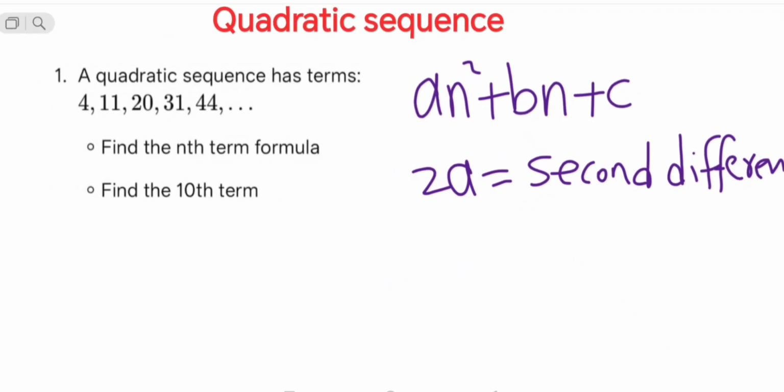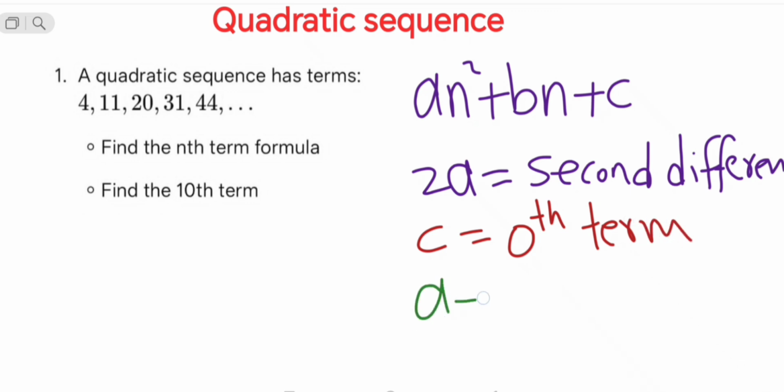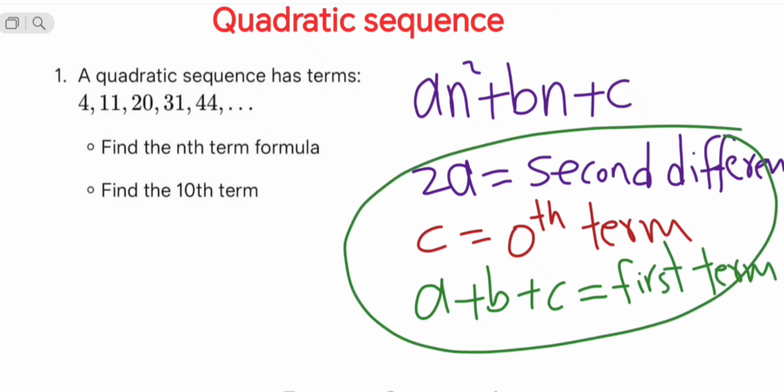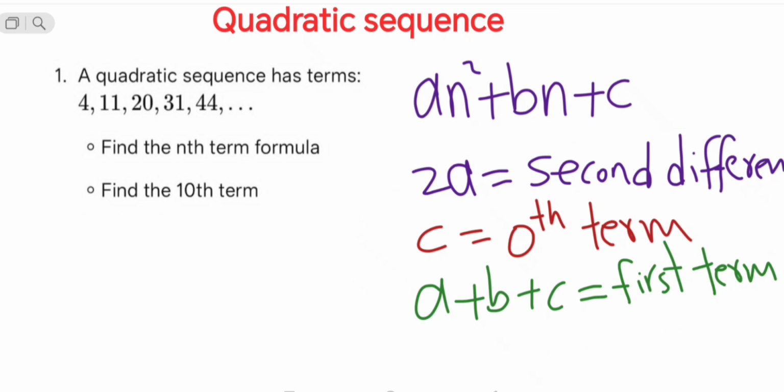Then how to find c? c is the zeroth term. Then a + b + c always equals the first term. So you need to memorize all this. If you know all this, then you can find the nth term formula.